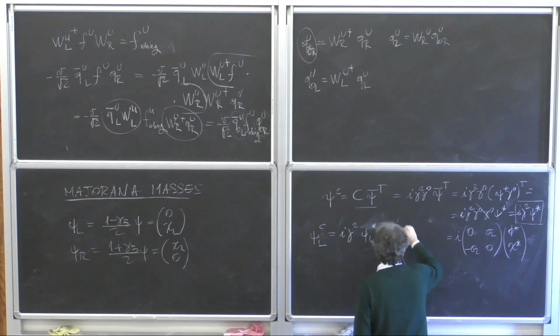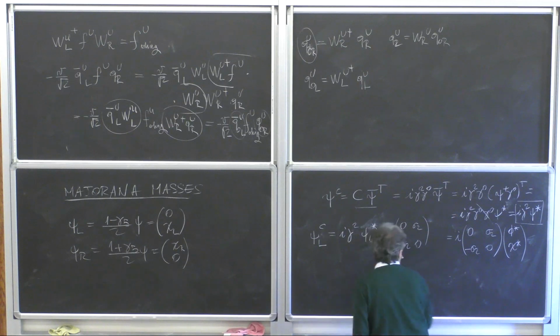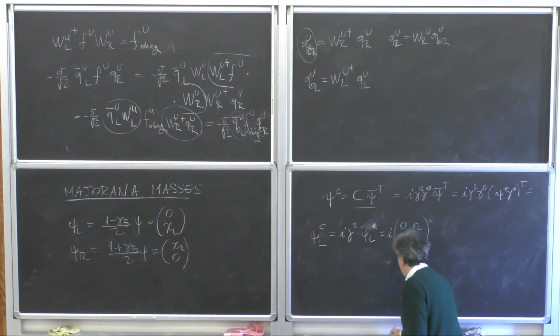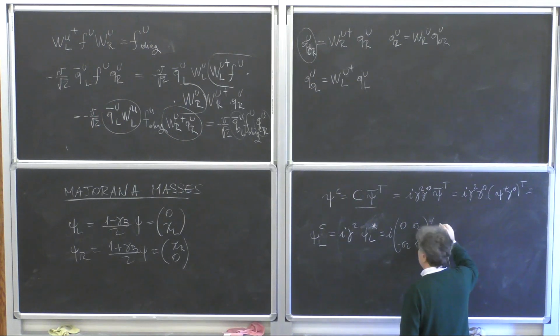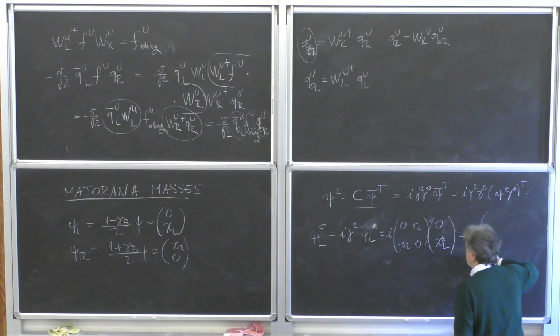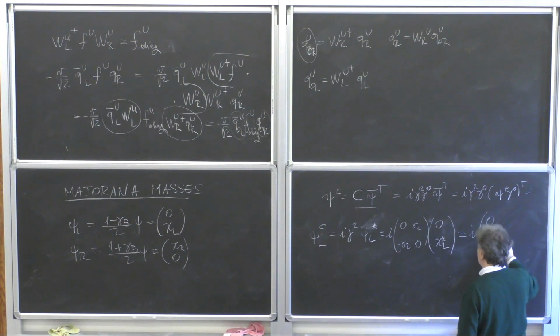So i times the matrix with 0, sigma 2, minus sigma 2, 0, acting on 0, chi left star, gives 0 up and minus sigma 2 chi left star.